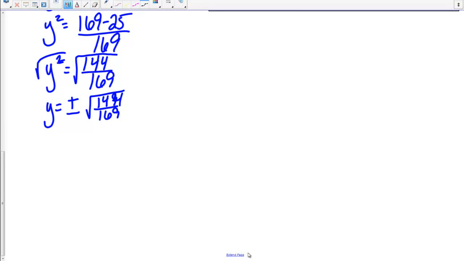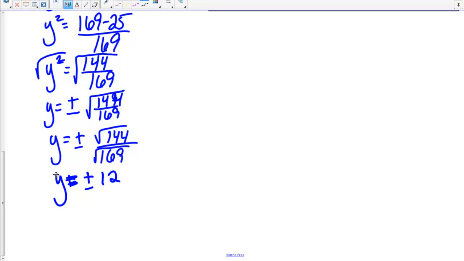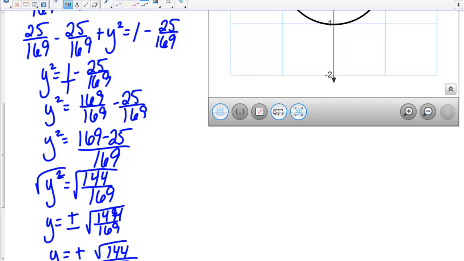Now we can take the square root of the top and then the square root of the bottom. What's the square root of 144? That gives us 12. So y is plus or minus 12 over, what, 13? All right, so y is either positive 12/13 or negative 12/13.